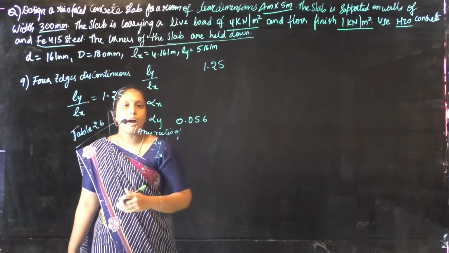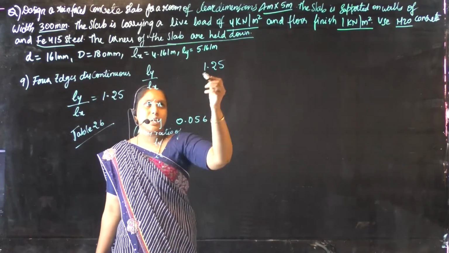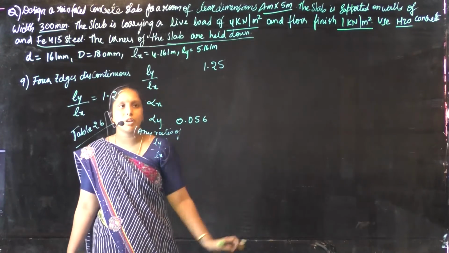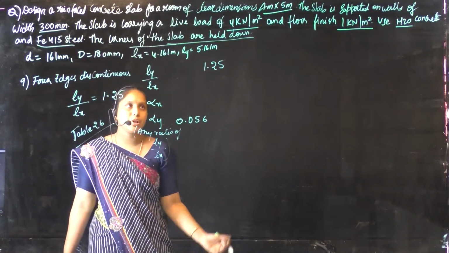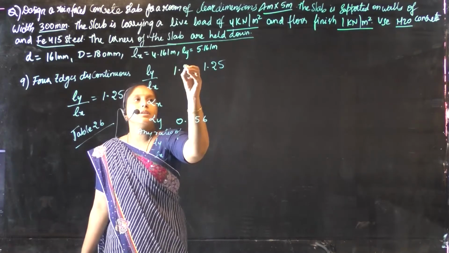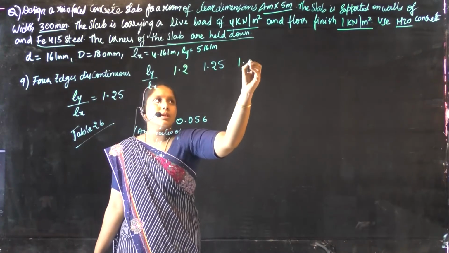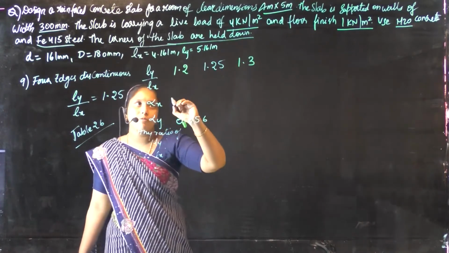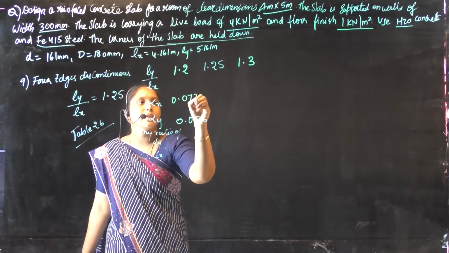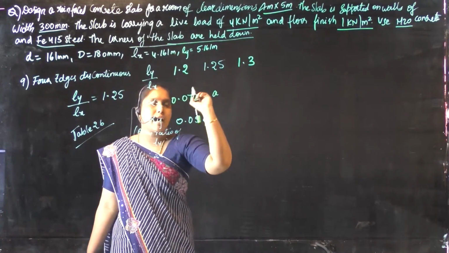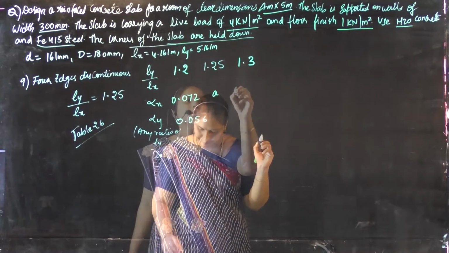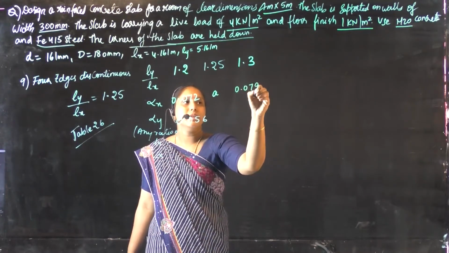But for alpha x, this is an intermediate value, so we have to take the previous and the next values and go for linear interpolation. What are the values given? Here it is 1.2 and 1.3. For 1.2, the alpha x value is 0.072, and for 1.3 the alpha x value is 0.079.